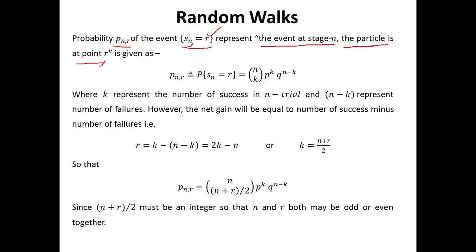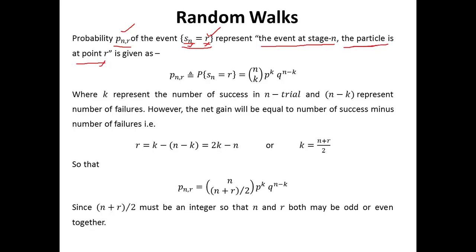It means you have performed the experiment n number of times, that is, you have reached stage n, and after performing the same experiment the nth time, what will be the location of the particle. If the location of the particle is at r, which may be either some positive integer or some negative integer, then we call that probability P_n,r.